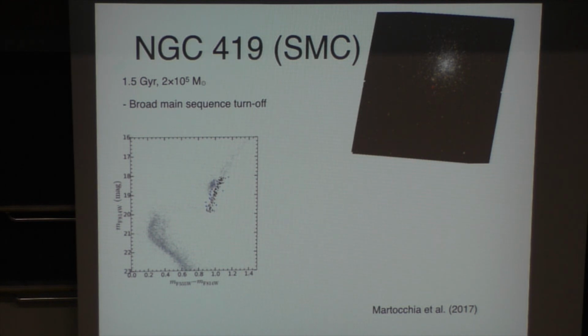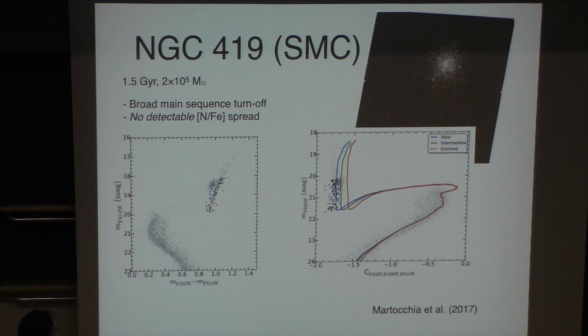But do we see evidence of abundance spreads? So you can look at the stars over here on the RGB. And let's see, there should be another figure coming here. Yeah, there it is. With the model lines for different composition. And again, here you see no evidence of multiple populations. You just see the stars with the solar scale composition. There are no nitrogen-rich stars there.